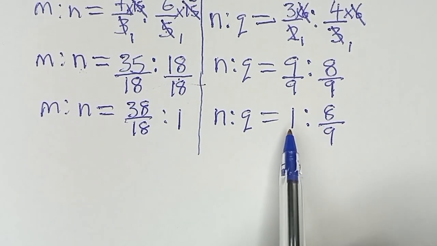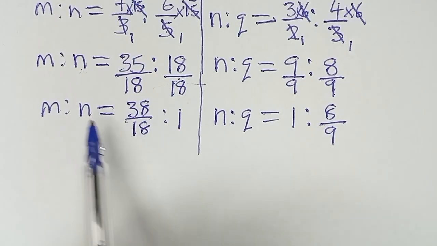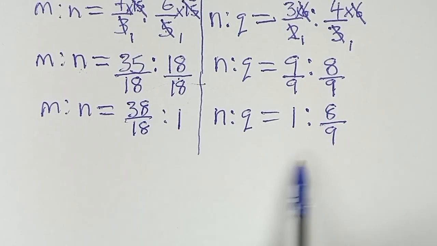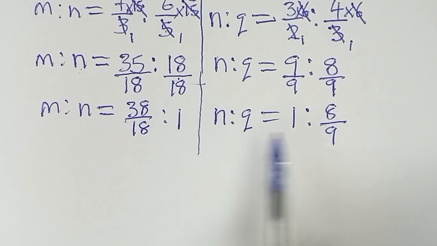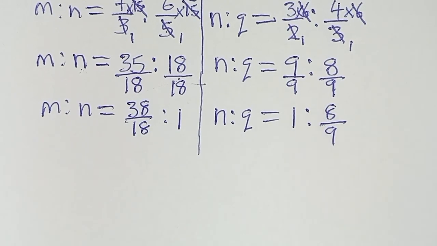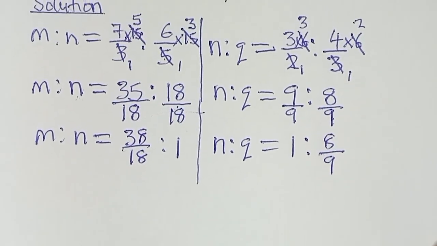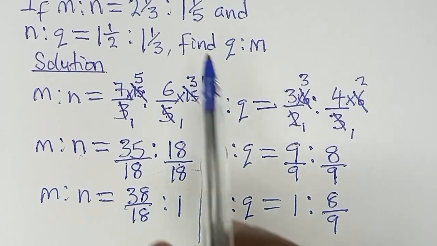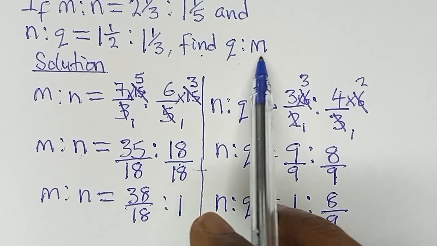Since n is now equal in the two ratios, I can now combine them. I can pick any values that I want from the two ratios as the appropriate ratio. Let's go back to the question so that we can pick the ratio that we need. The question says we should find the ratio of q to m.